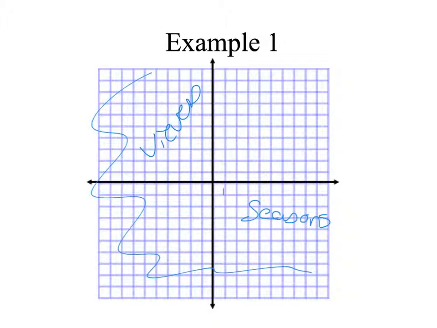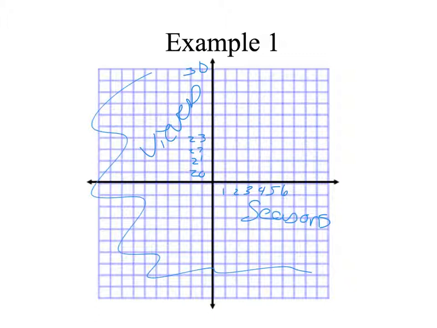So season 1, 2, 3, 4, 5, 6. And you want to make sure that you're writing on the lines, not in the boxes themselves. It looks like our viewers were going anywhere from 20 to about 32. So I'm going to start at 20, 21, 22, 23, and then my top line is going to be 30.